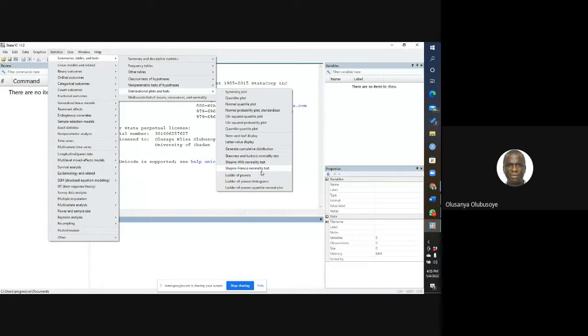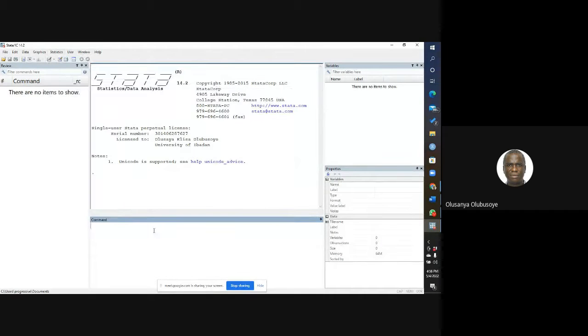The test is very specific, so you tend to rely more on the test than the visual. Even if you still do the visual, it's advisable that you support it with the statistical test. So we will now employ the first one, skewness.